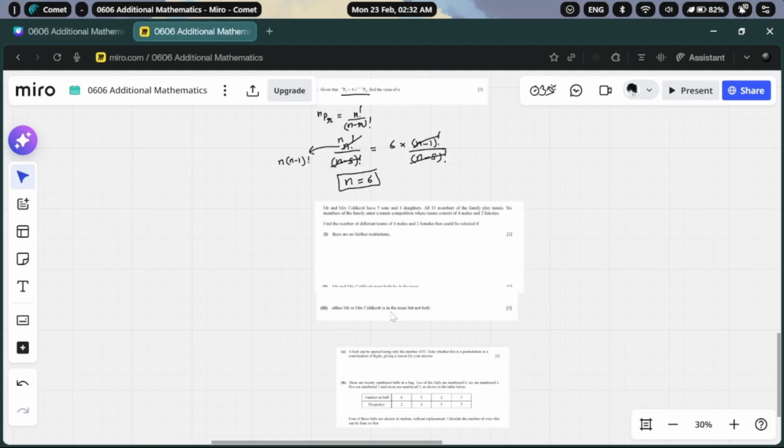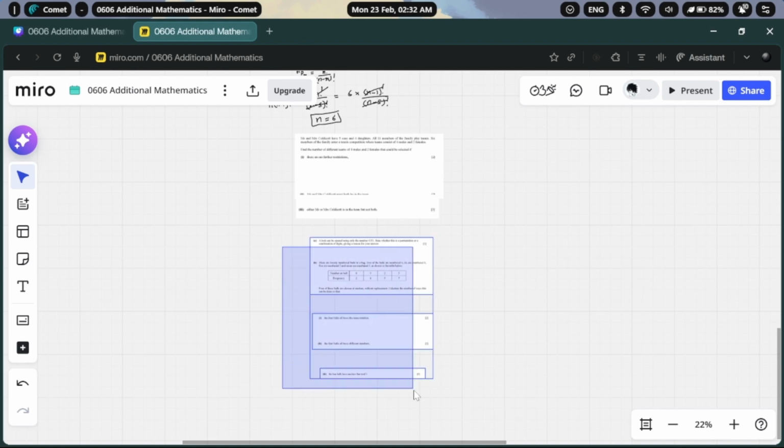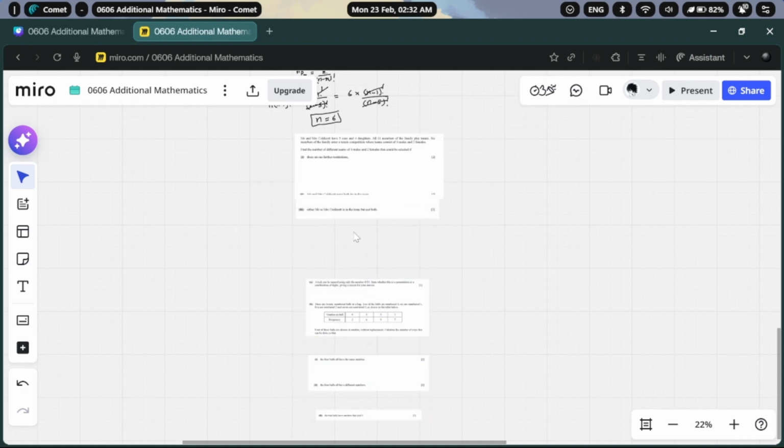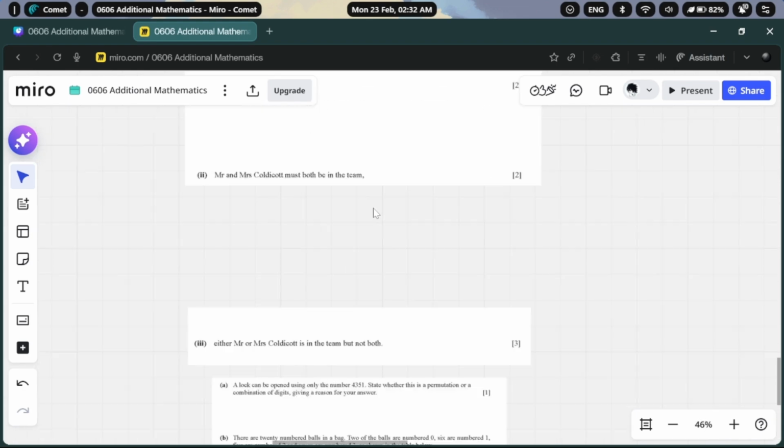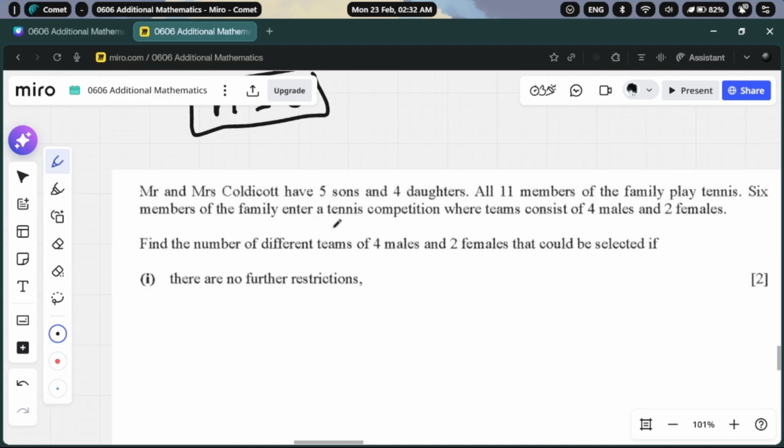Now moving on. Let me just shift this downwards. So it's told that a family has 5 sons, 4 daughters, and there are 2 parents.